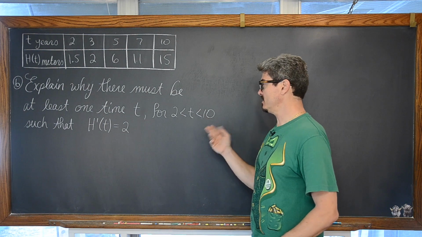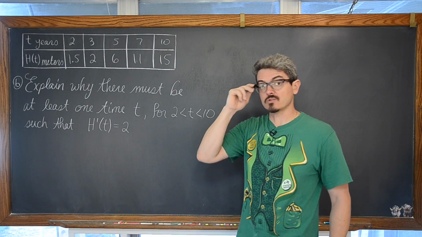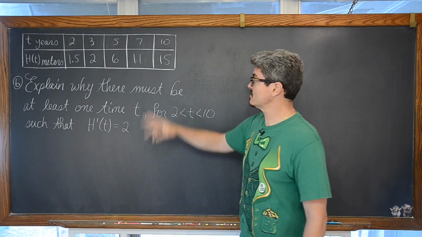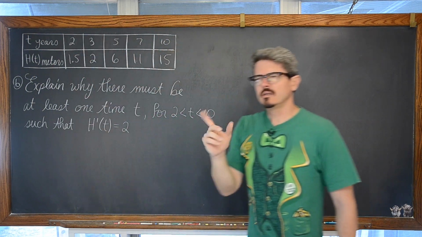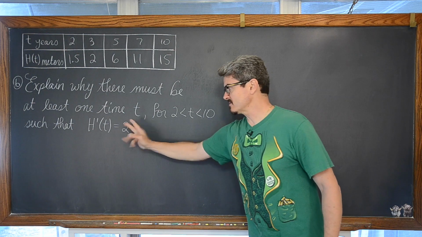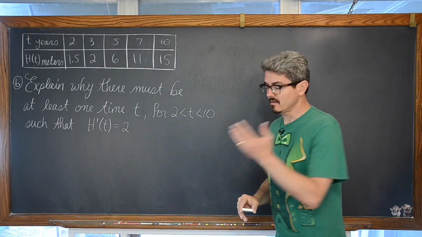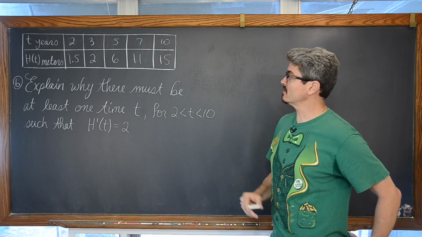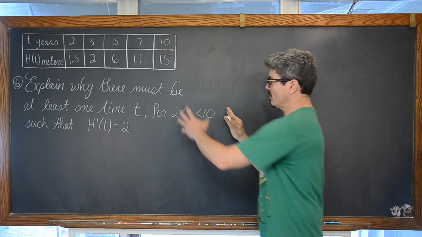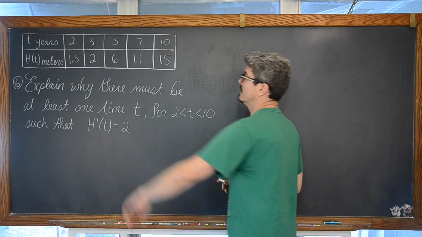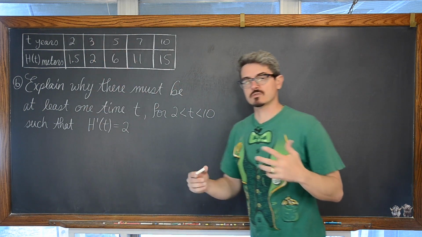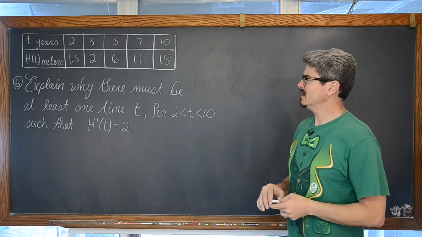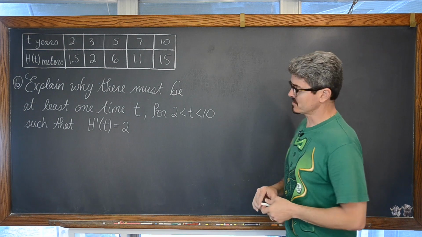This happens to be open, but you might look at the 2 and 10 like I did initially and go, well, the average rate of change, 15 minus 1.5 over 10 minus 2, you start working that out, it does not come out to be an average rate of change of 2. So maybe we're thinking about somewhere within the interval from 2 to 10, like 11 minus 2, which is 9, over 7 minus 3, which is 4. No, 9 divided by 4 is not equal to 2.